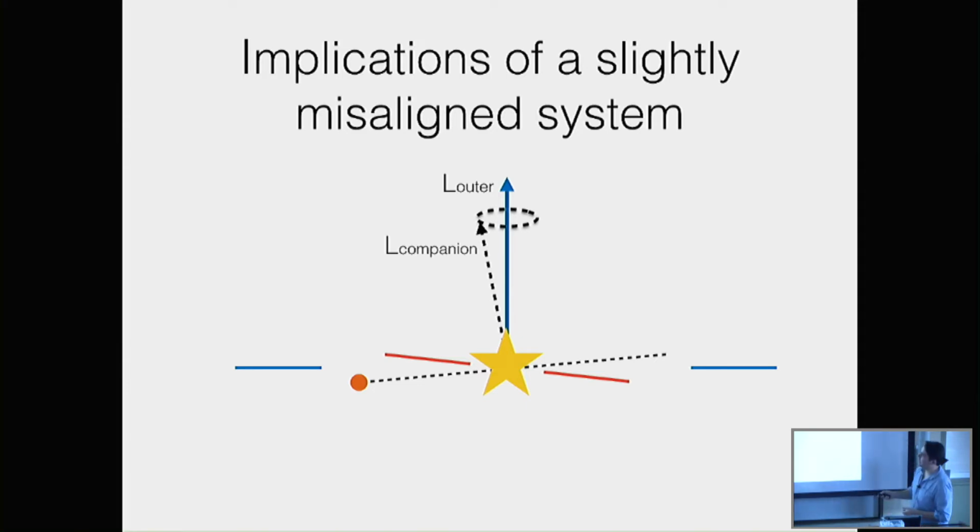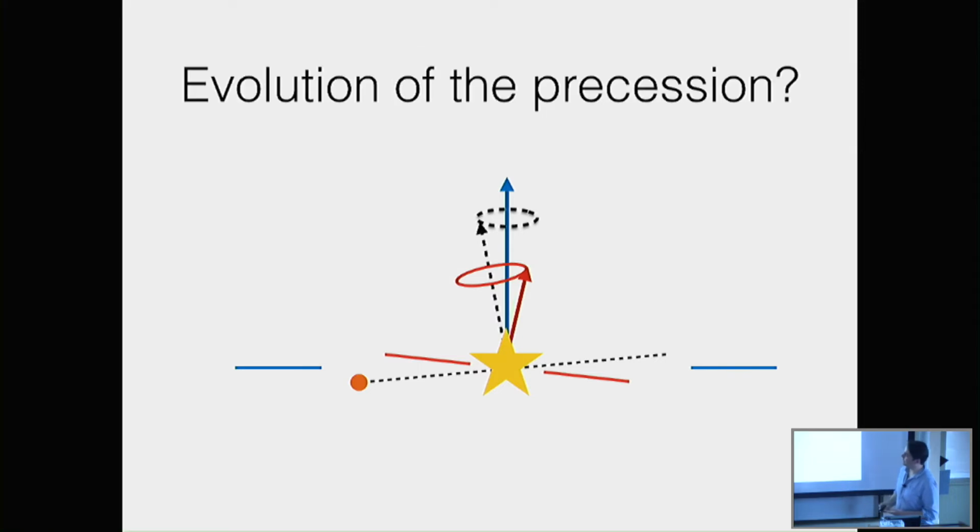And then finally, the companion applies a torque to the inner disk and causes the inner disk to precess around its angular momentum vector. So the question you should have is, what is the evolution of this precession, and is there any evolution we can construct that can take a system that's very, very close to alignment and misalign it by 70 degrees, for example?